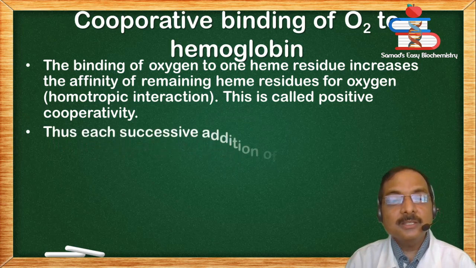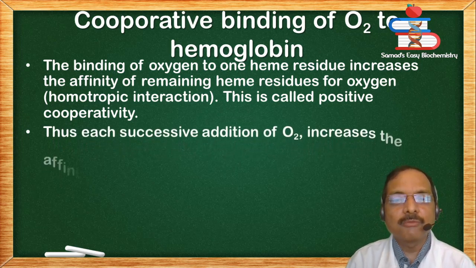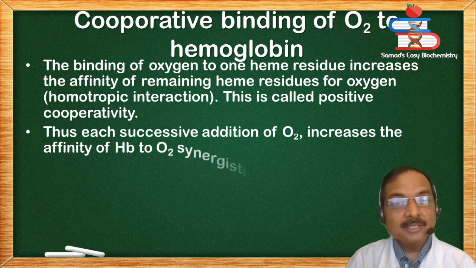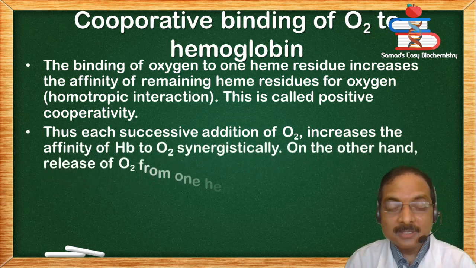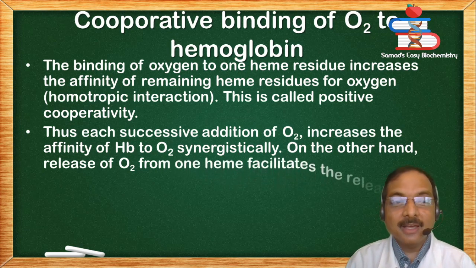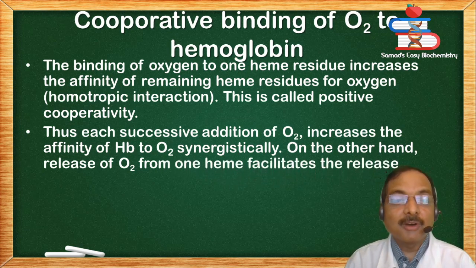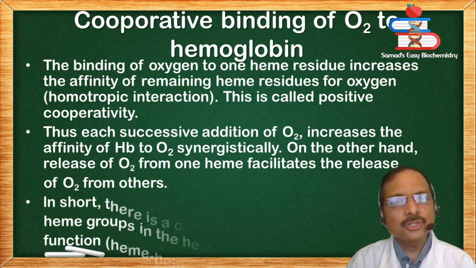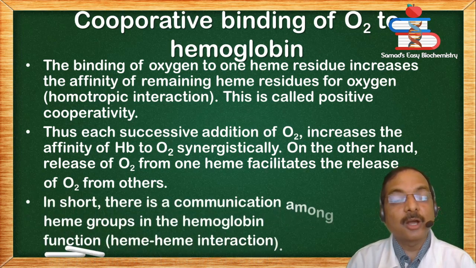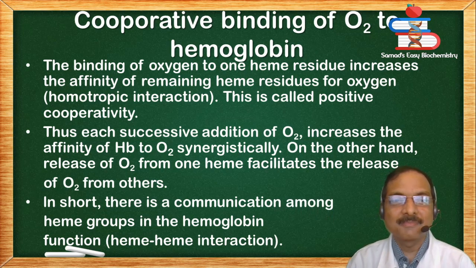Thus, each successive addition of oxygen increases the affinity of hemoglobin to oxygen synergistically. On the other hand, release of one oxygen from one heme facilitates the release of oxygen from others. In short, there is a communication among heme groups in the hemoglobin function, also called heme-heme interaction.